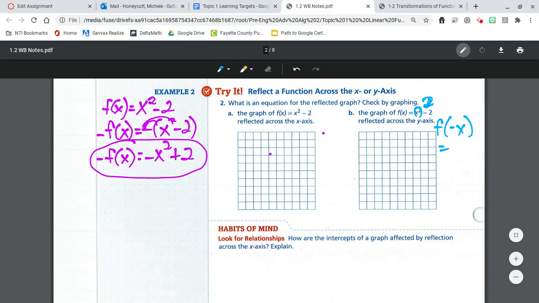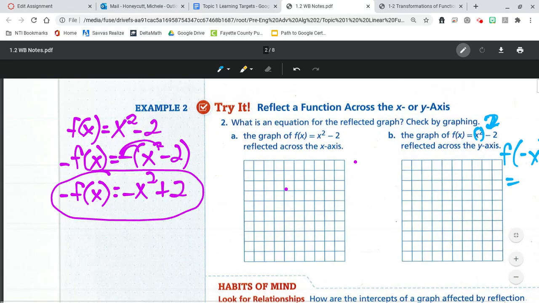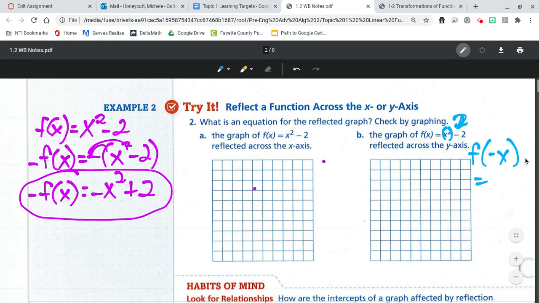So I'll have, let me zoom in so I have more space to write. Parentheses, negative x. I'm just going to have to write on the graph. That's just what we're going to do. Okay, so f of negative x equals parentheses negative x squared minus 2.